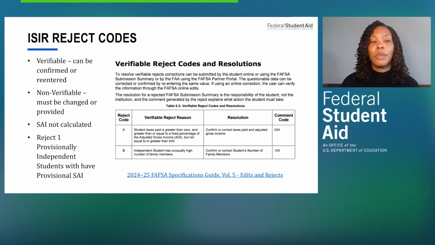Non-verifiable are ones where you would need to make a change or provide some information. Reject comment codes may also include, most often, no SAI calculation and no Pell eligibility calculated either, because it is a rejected ISIR. And a reject for provisionally independent students who have a provisional SAI is also a reject comment code.